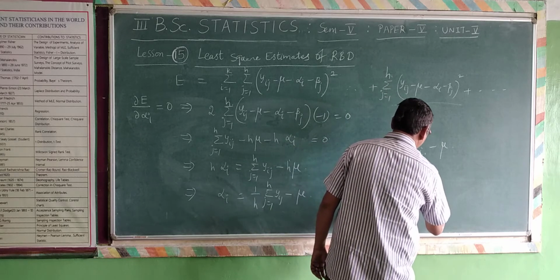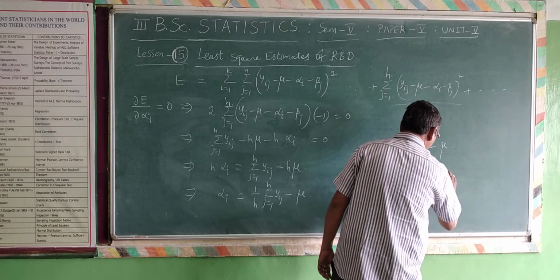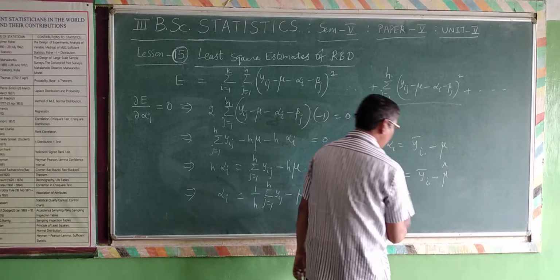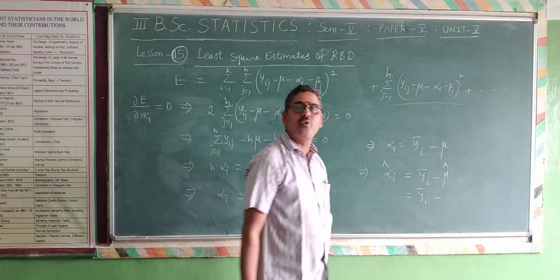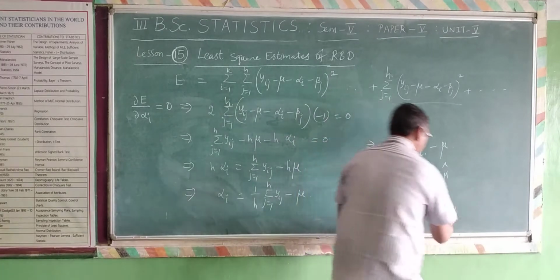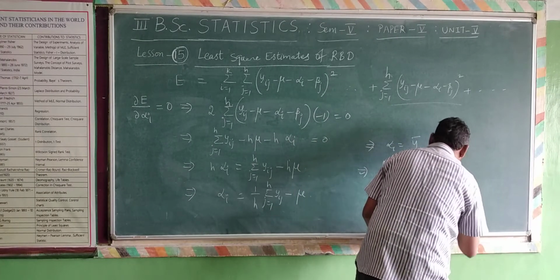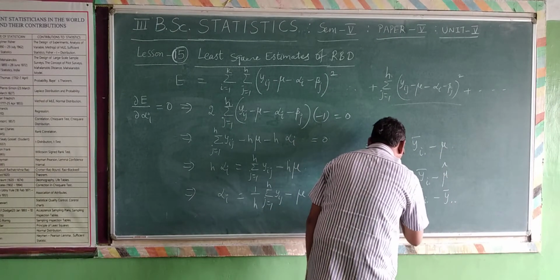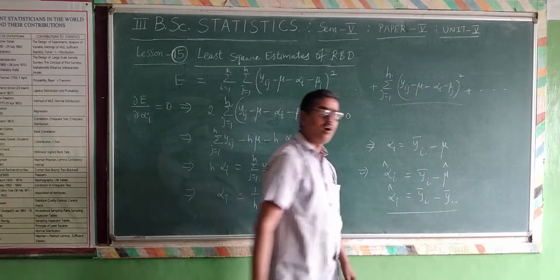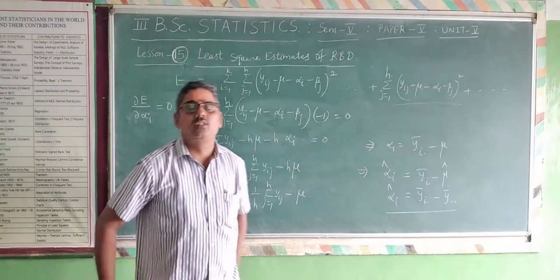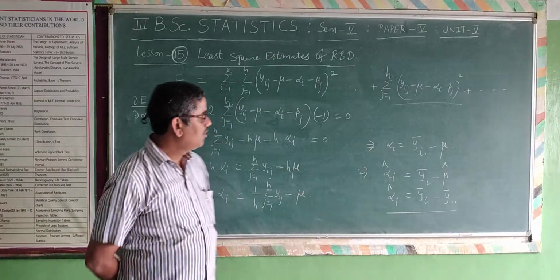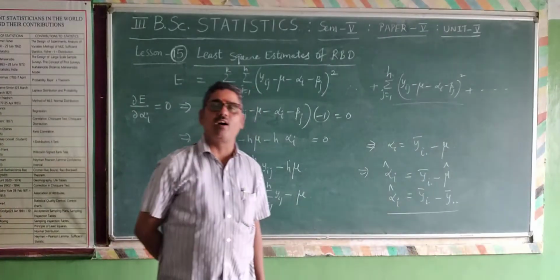It is y bar i dot minus mu hat. What is the estimation of mu? y bar dot dot. So alpha_i hat, the estimation of alpha_i, is y bar i dot minus y bar dot dot. This is the estimation of the parameter alpha_i.